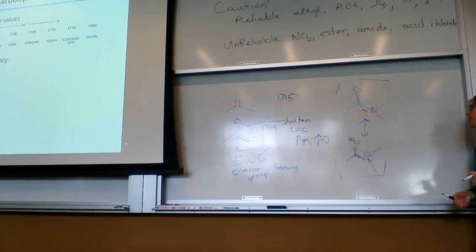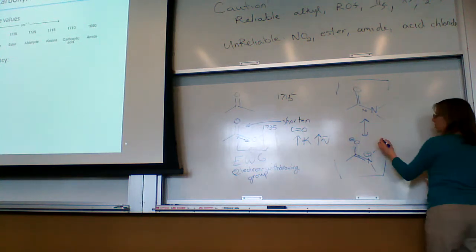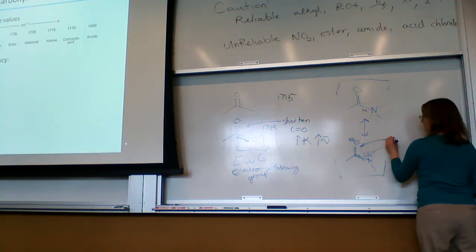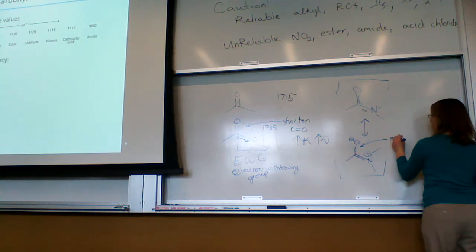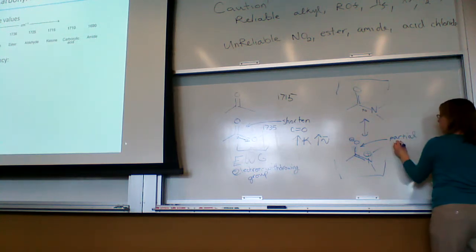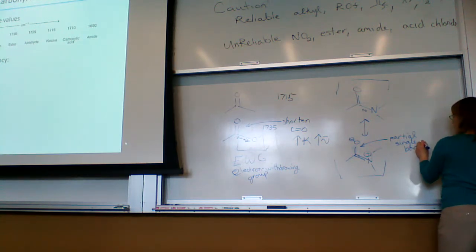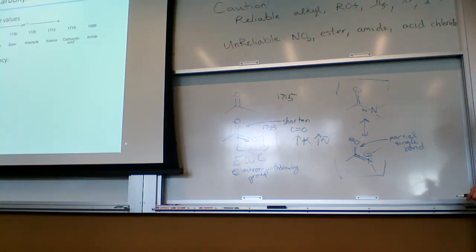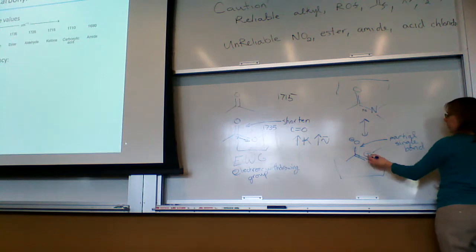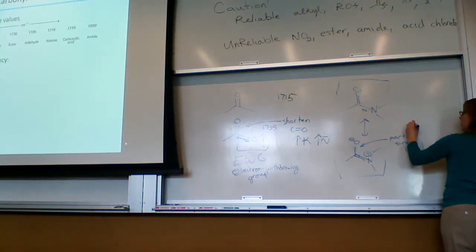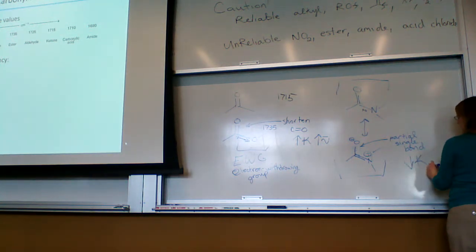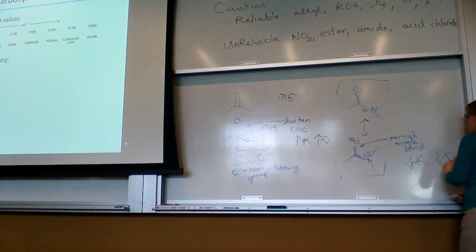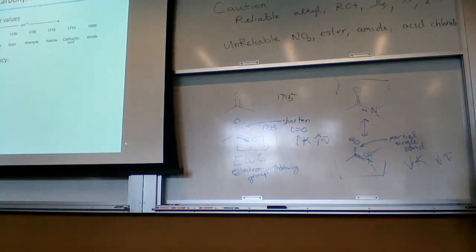And you get a partial single bond character and partial double bond character, and that resonance is going to decrease that K value and decrease the stretching frequency.